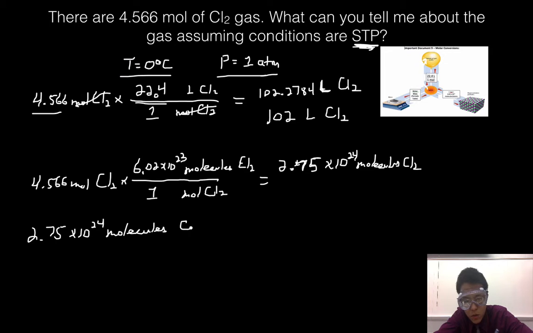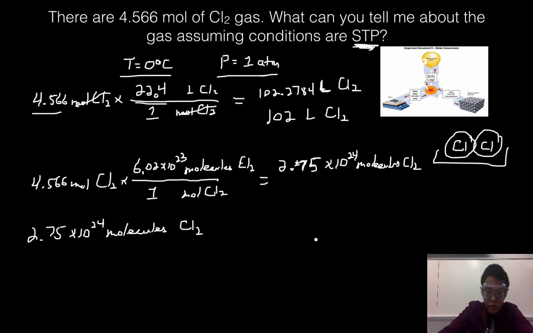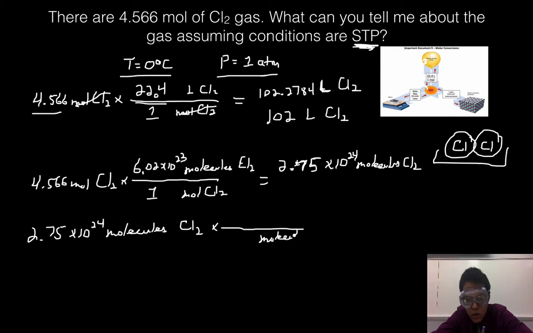Each molecule of Cl2 looks like this. There's a Cl, and there's another Cl, Cl2. So if I have 1 molecule of Cl2, I have 2 atoms of Cl. And so I can do that conversion as well. I want to cancel my molecules, and right now I only have 1 molecule. In one molecule of Cl2, there are 2 atoms of Cl.